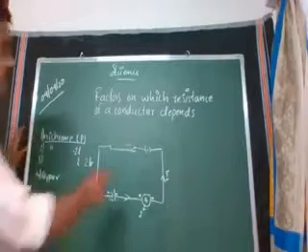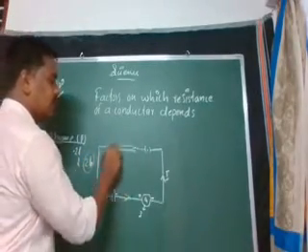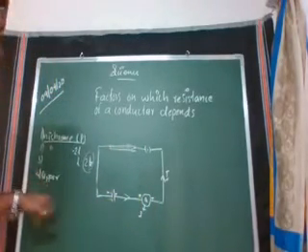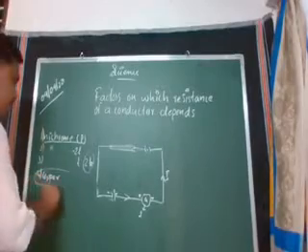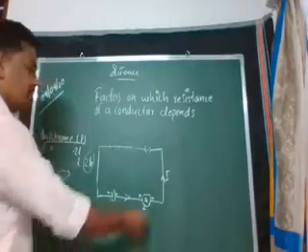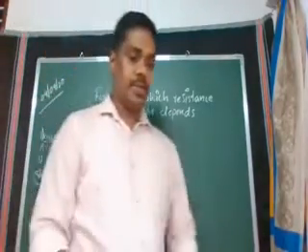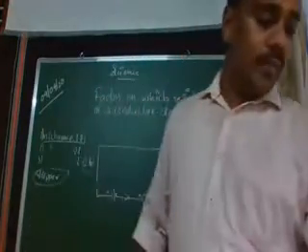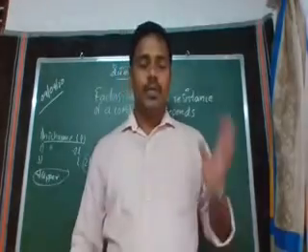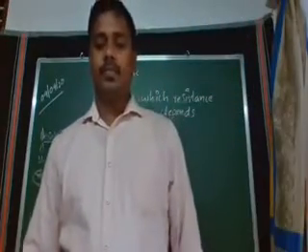Then secondly we place the 2L wire, that means twice the size, and check the current I. Then we place the thick nichrome, that means the breadth is doubled, and check the ammeter reading. Finally we remove all this nichrome and put a copper wire, and check the ammeter reading. So we will get four different readings.